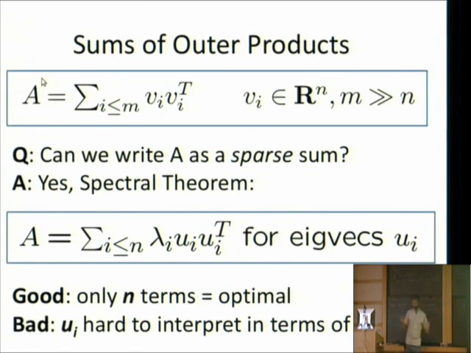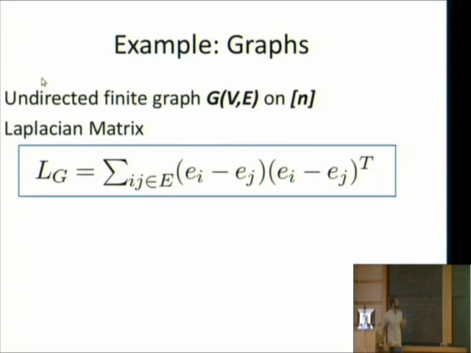To see why this is really a problem, let me show you a more concrete example. Suppose I'm interested in finite undirected graphs G on n vertices. One important matrix associated with such a G is the Laplacian matrix, L_G. This is a symmetric n by n matrix indexed by the vertices of G, and it is a sum of outer products over the edges ij in the graph.